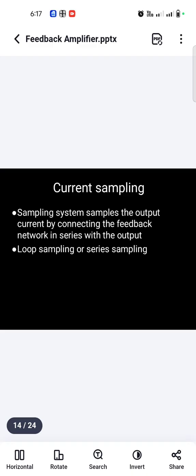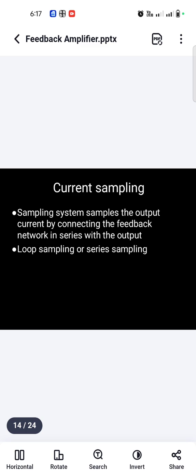Then the next one is current sampling. What is current sampling? Current sampling is otherwise called a loop sampler, and again we can say it is a series sampling. Here the sampling system samples the output current by connecting the feedback network in series with the output.